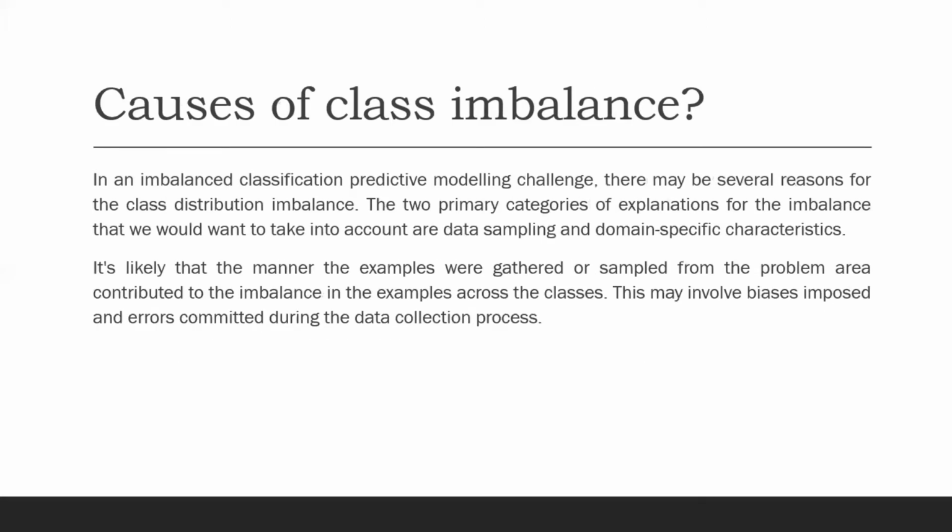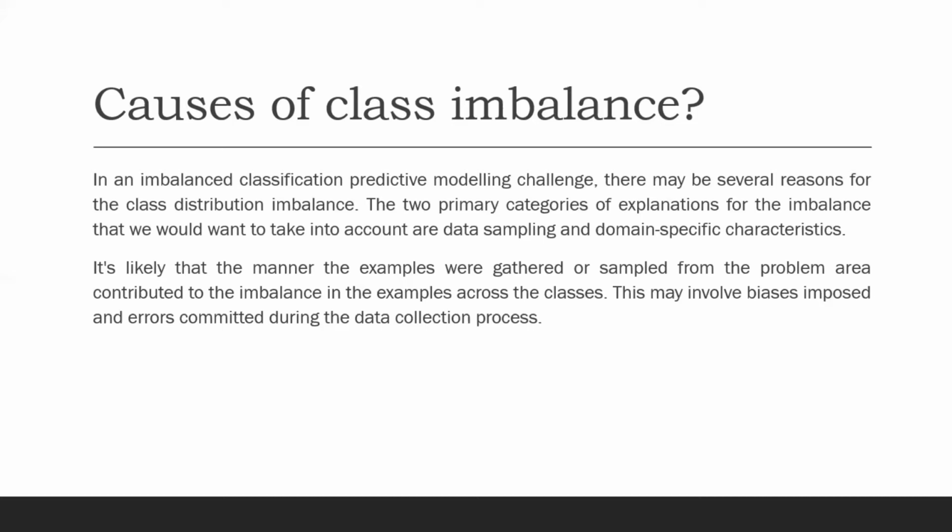Now, you might be wondering what are the causes for class imbalance? In an imbalanced classification predictive modeling challenge, there may be several reasons for the class distribution imbalance. The two primary categories of explanations for the imbalance that we would want to take into account are data sampling and domain-specific characteristics.